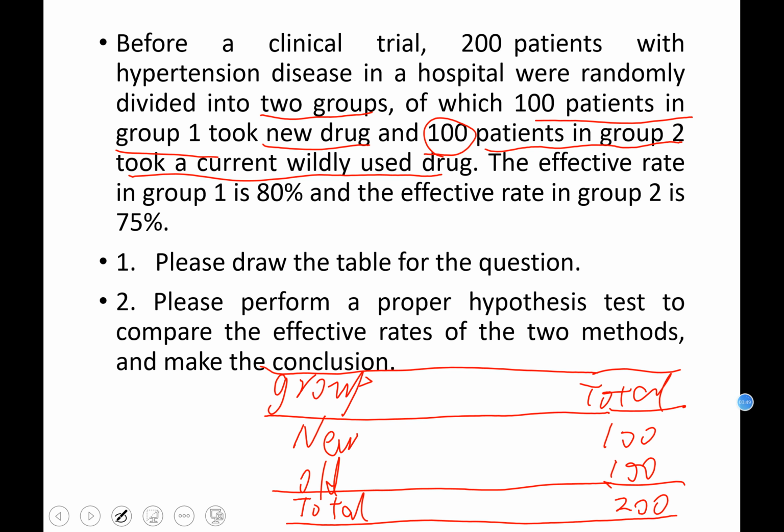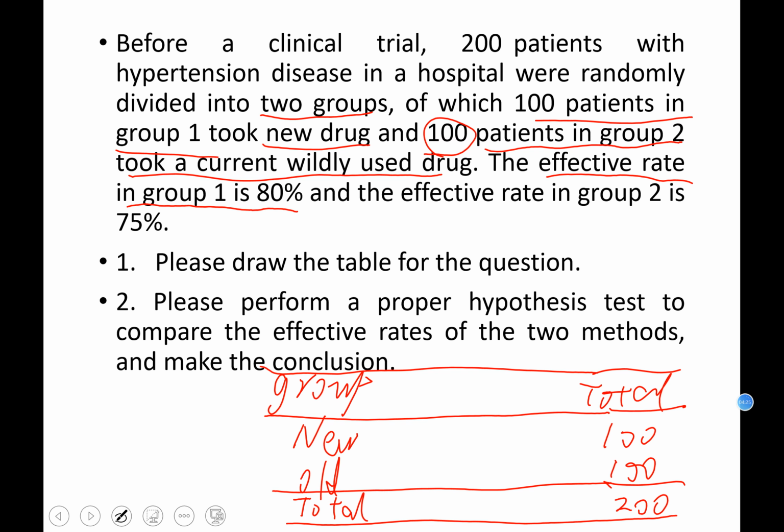And next one, this table is not completed. There should be some other numbers in this table. Let's find what information is given in the question. We find that the effective rate in group 1 is 80%. So what's the meaning of effective rate?